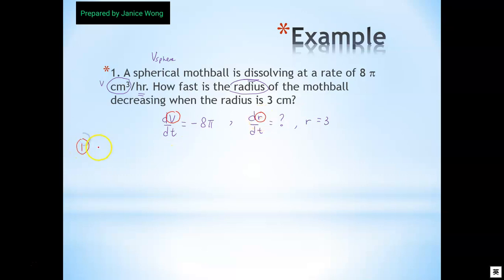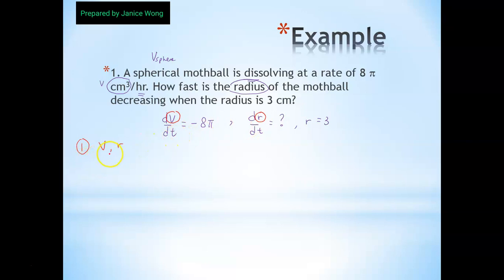In the first step, you need to form a formula in terms of V and R. Why do I know the formula must have V and R? It is from the information given by the question. We identify the variables other than t.